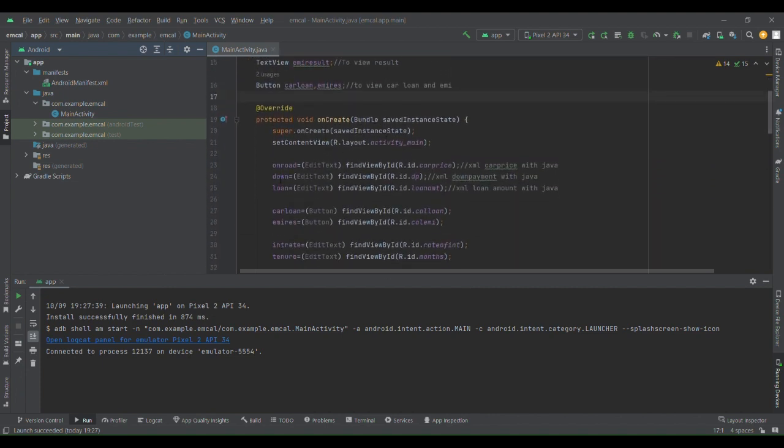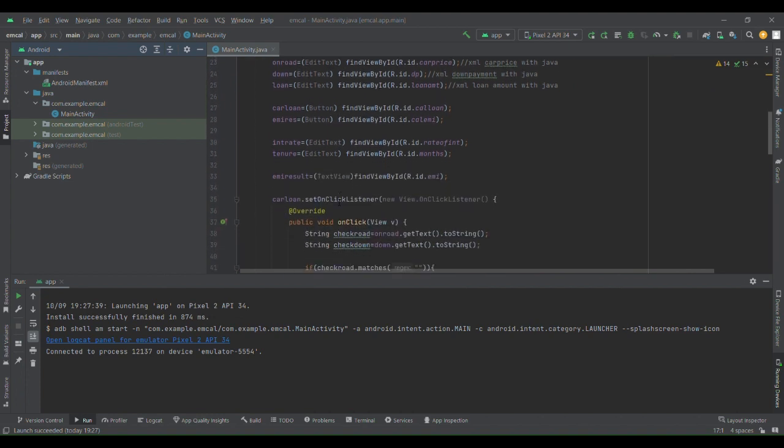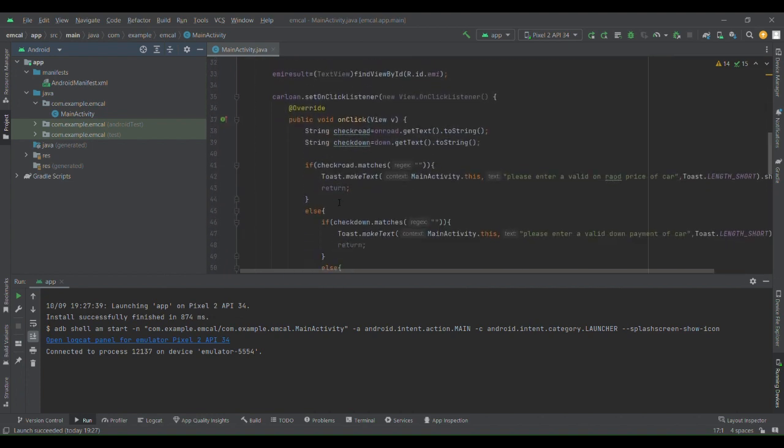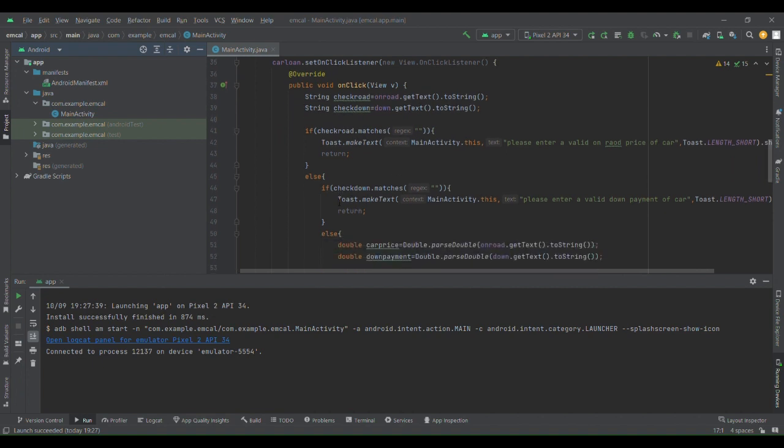And interest rate, and tenure. That is how many months you need the EMI for. And let's give some alternative numbers, or the ones that I have already given. Now let's give 20 lakh for the car price, and the down payment will be 5 lakh.